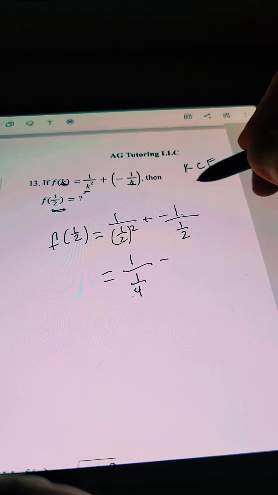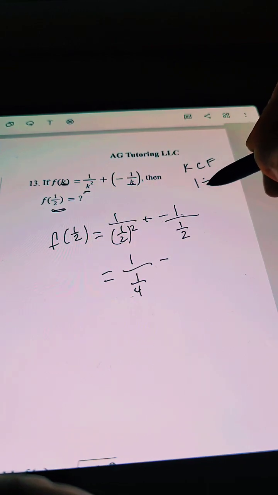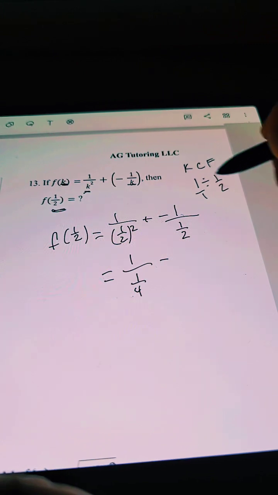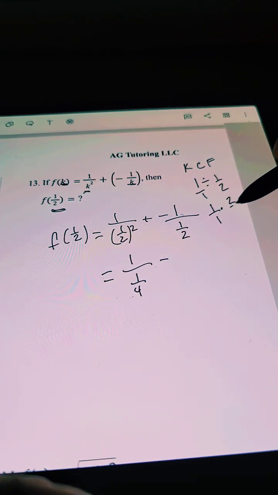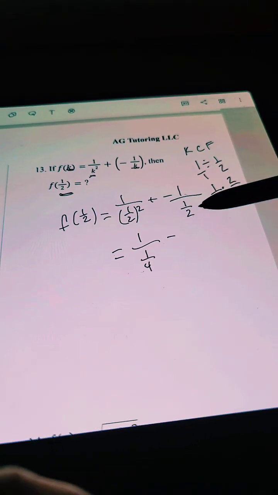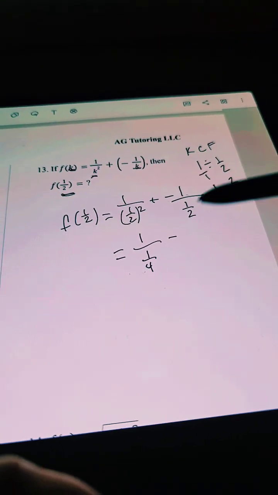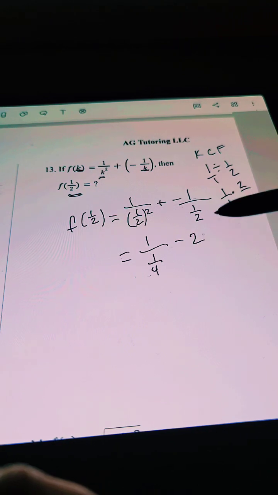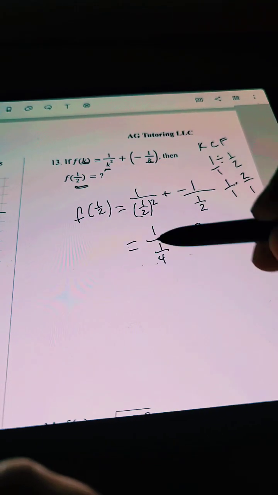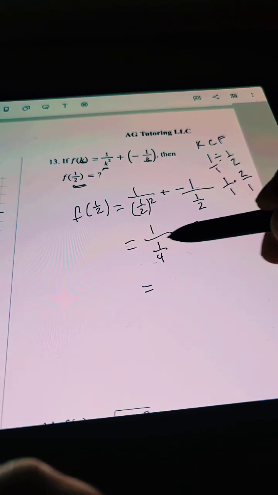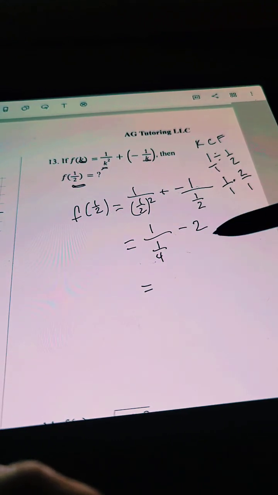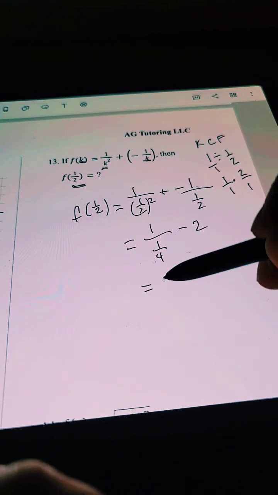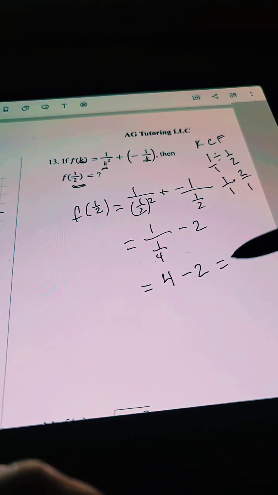So like you could say 1 over 1 divided by 1/2 is keep, change, flip is just 1 over 1 times 2 over 1. You could do it that way, or just know that if you're dividing by a fraction, you're multiplying by the reciprocal. So minus 2 right there. Same thing applies to the 1 over 1/4. 1 divided by 1/4 is the same as multiplying by the reciprocal 4, so it's just 4 minus 2, which equals 2.